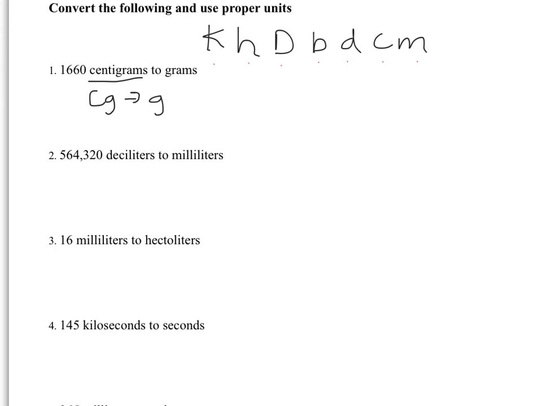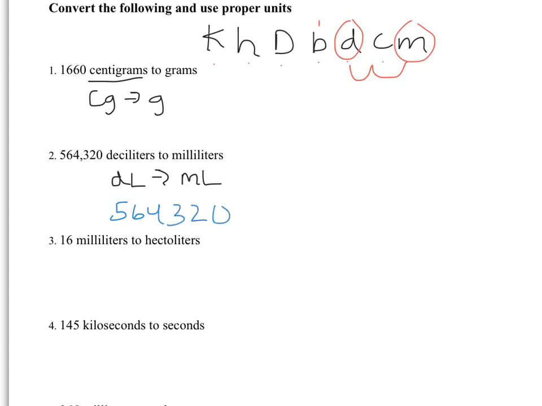No worries. If we take a look at number 2, we're going from deciliters, lowercase d, capital L, to milliliters. So we're going from deci to milli. On the chart, that would be deci to milli, so you'd move 2 to the right. Therefore, if you had your number of 564,320, and we moved it 2 to the right, 1, 2, you would add 2 zeros.